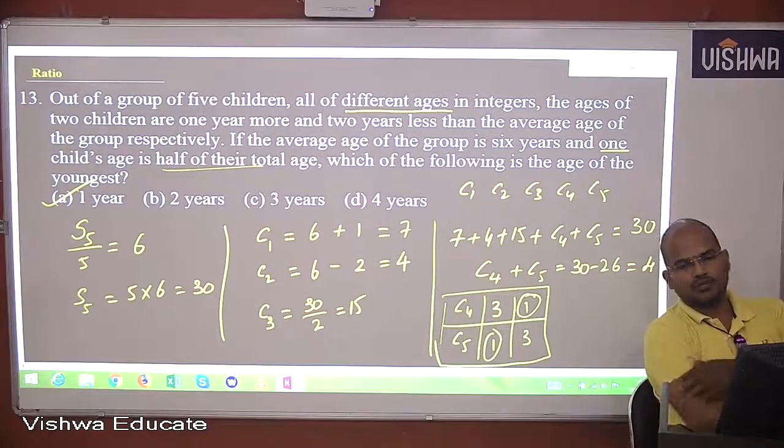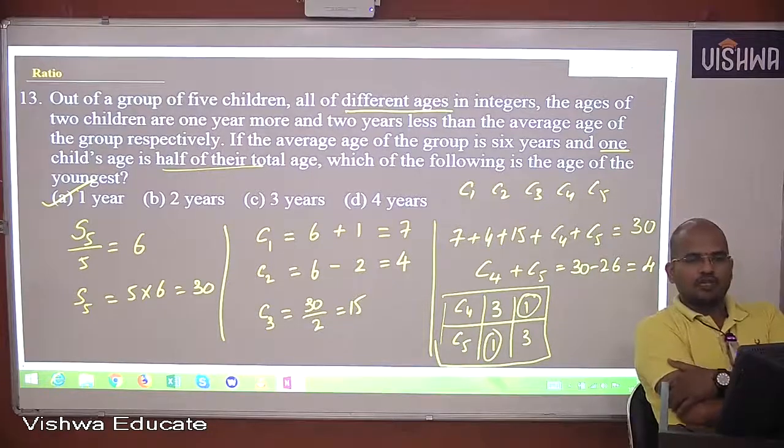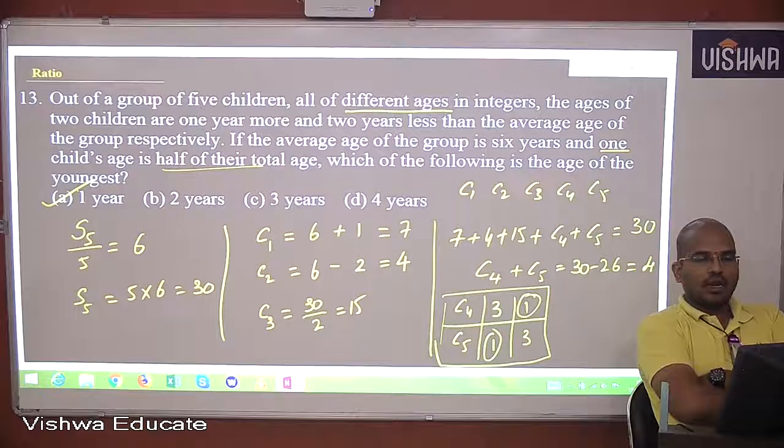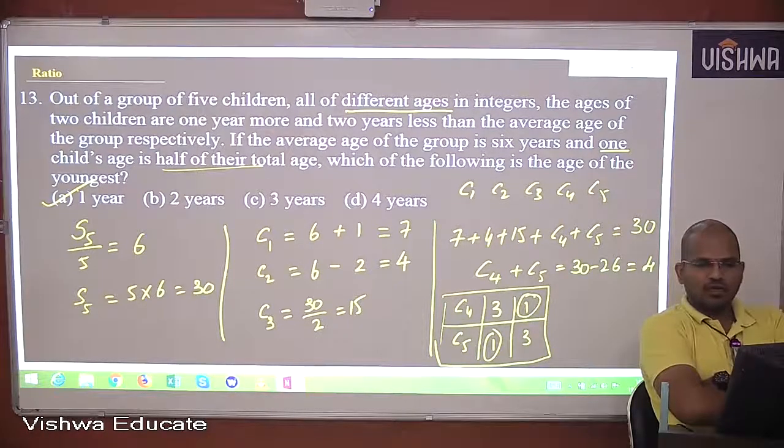It is 1 year. So from the question it is clear that all the kids are of different ages, and the ages of 2 children are 1 year more and 2 years less than the average. Average is given as 6 and one child's age is half of the total age. Then which of the following is the age of the youngest?